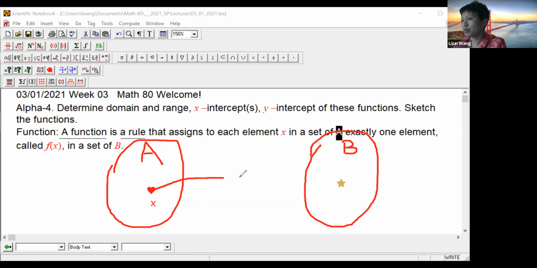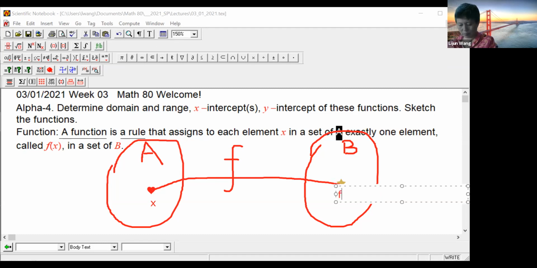We'll take this rule, so this rule is F. So this rule will be applied to this element in A, and the consequence will be an element of B. But in this function definition, it says for each element in A, it assigns exactly one element called f of x in B. So this element here is f of x.